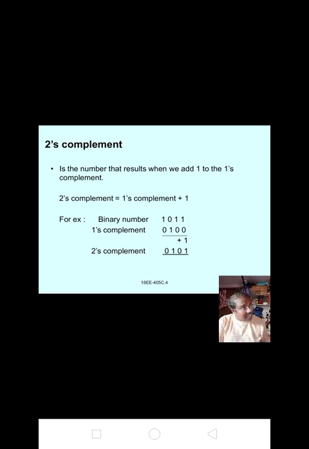You are not clearly understanding what I am telling. Very simple topics. Okay, see binary division: 1 0 1 0 divided by 1 0. Tell me, 1 0 into 1 how much? 1 0.